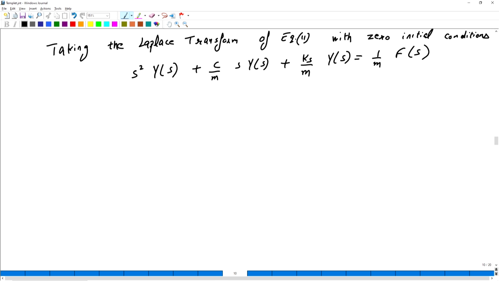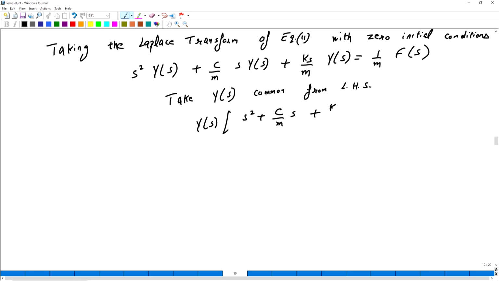I can take y of s common from the left hand side. Y of s into s square plus c by m into s plus Ks upon m equals 1 upon m f of s.